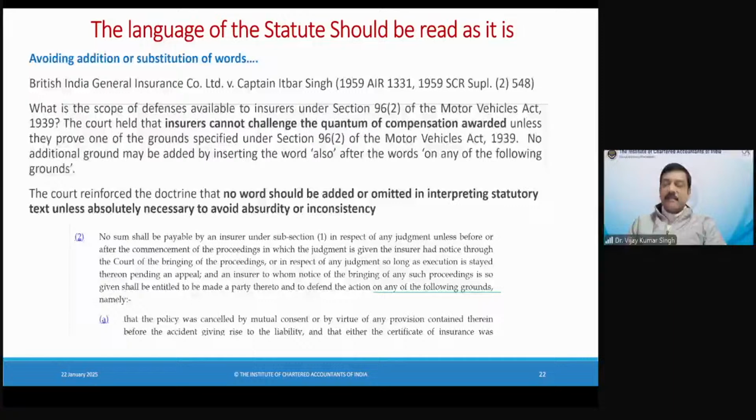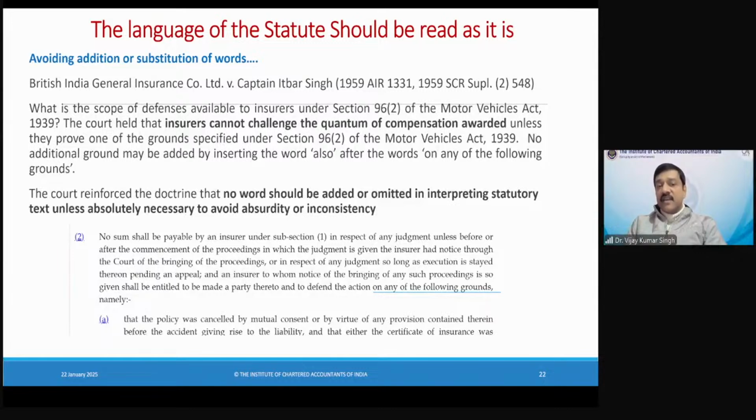Let us take an example. This is British India General Insurance Company versus Captain Itbar Singh. In this particular case, the question was basically: what is the scope of defenses available to insurer under section 96(2) of the Motor Vehicles Act 1939.